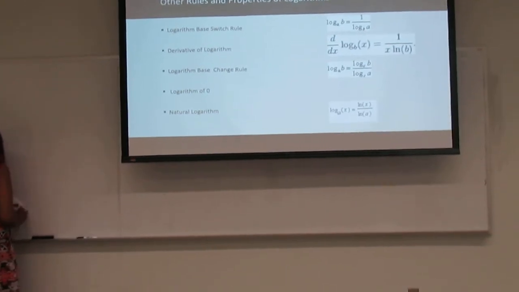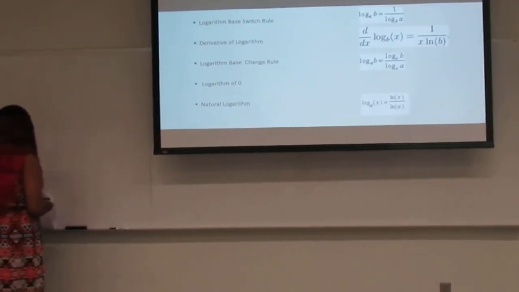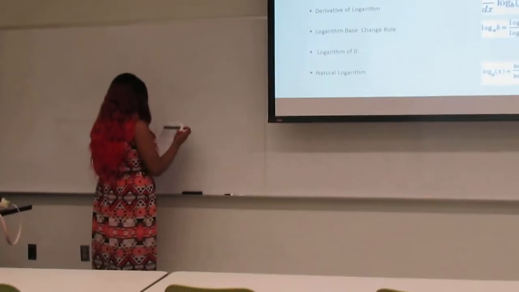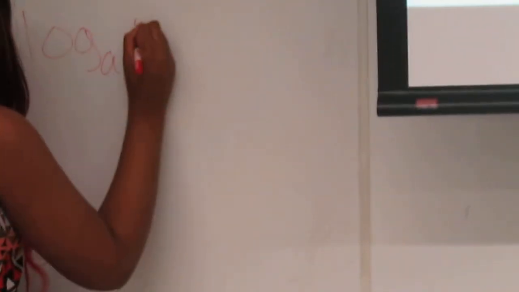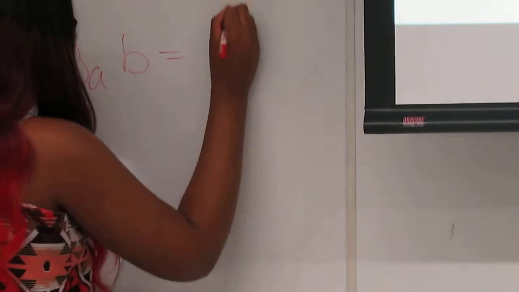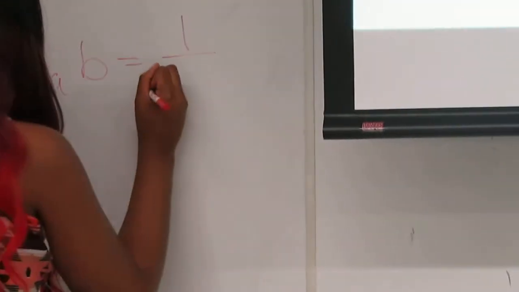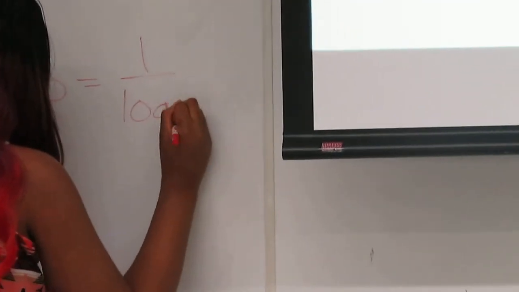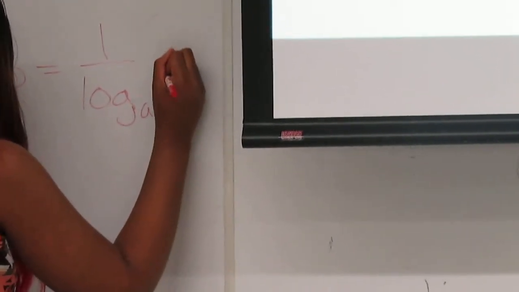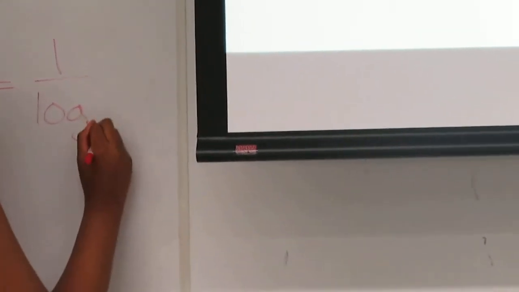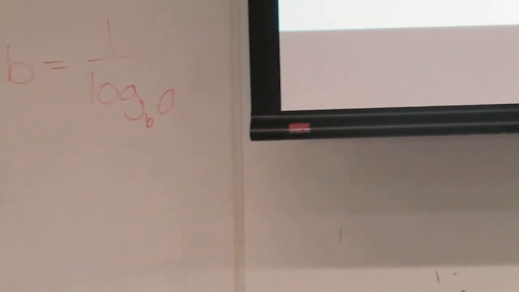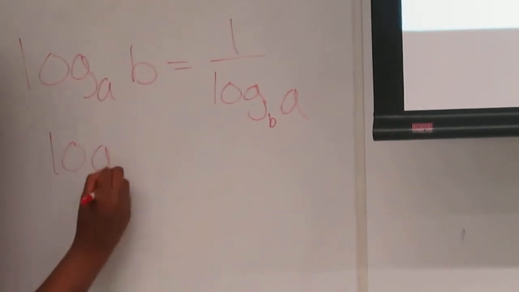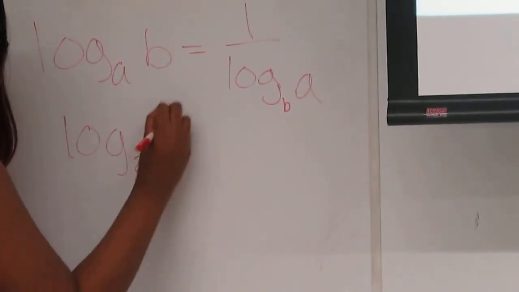For example, in the first one, the logarithm base switch rule, of course, write the formula out. Log base a of b equals 1 over log base b of a. The example would be log base 2 of 8.